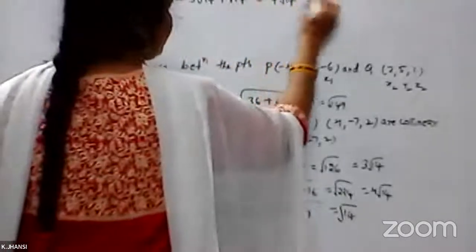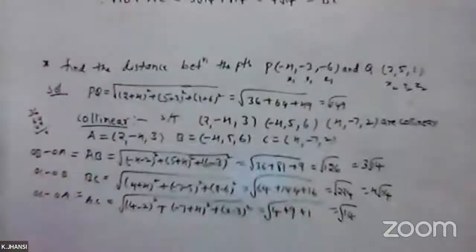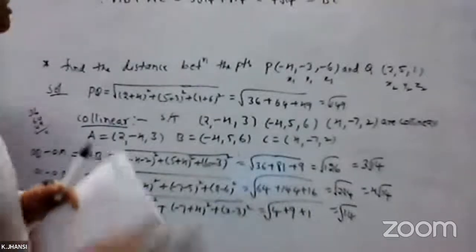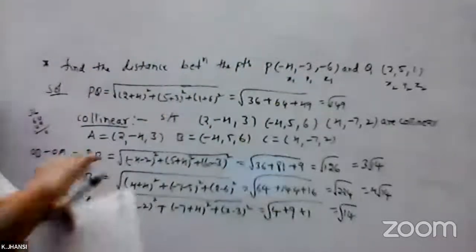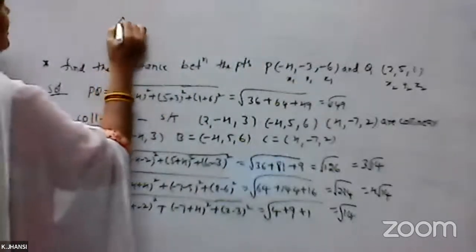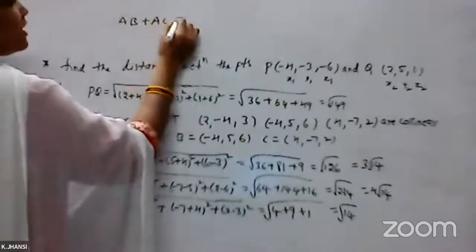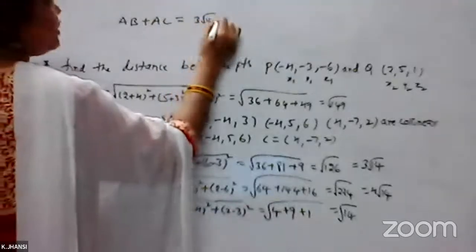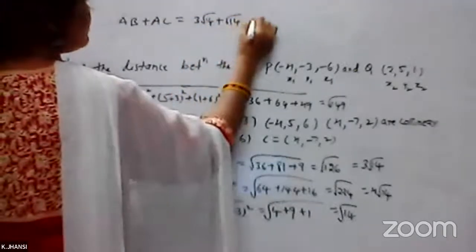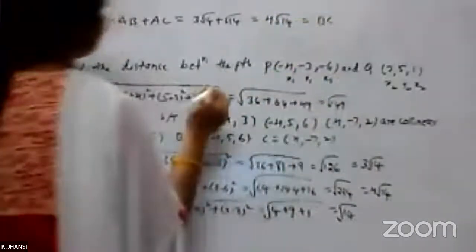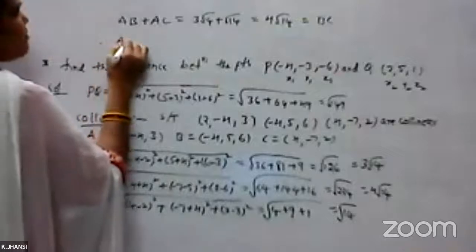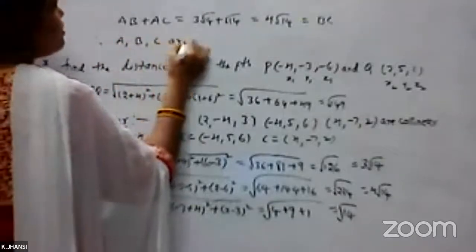So it is equal to 4 root 14, and it is equal to BC. Therefore, A, B, C are collinear.